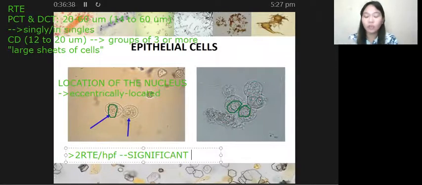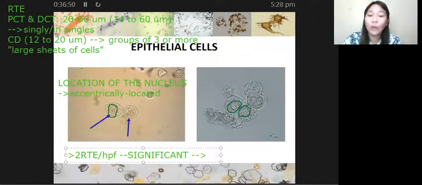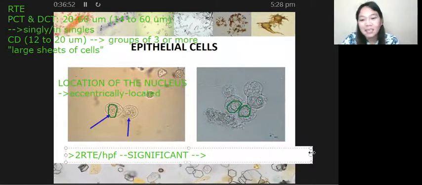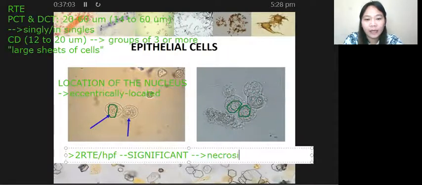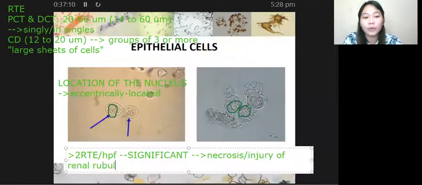Yan. So the presence of more than 2 RTE cell per HPF, this is considered to be significant. Okay? And it is associated with what? With what condition? So it is associated with necrosis or injury of the renal tubules.